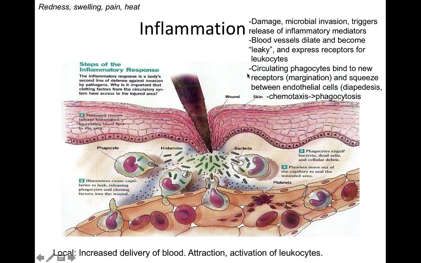So the question is, how would the white blood cells get there? You guys will use as an example our phagocytic cells. Our first responders when we have any kind of tissue damage are neutrophils. They're the fastest. They're relatively short-lived, but they're the fastest. If they get there really fast, they could ingest and destroy the invading microbes, no problem. And then a second phagocytic cell you guys will be talking about are macrophages.